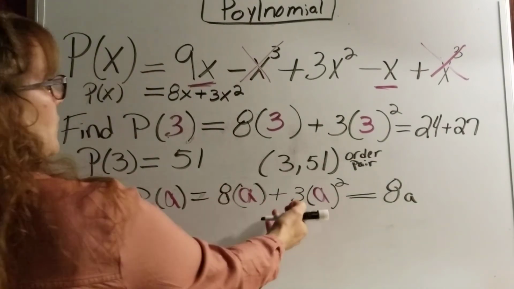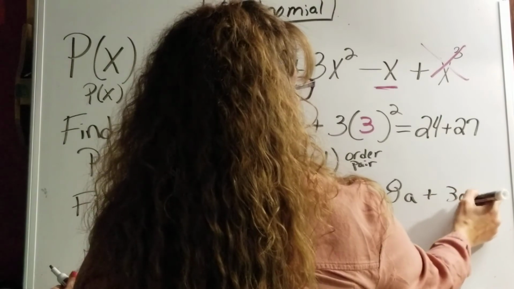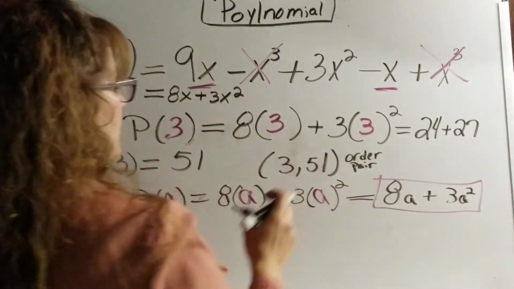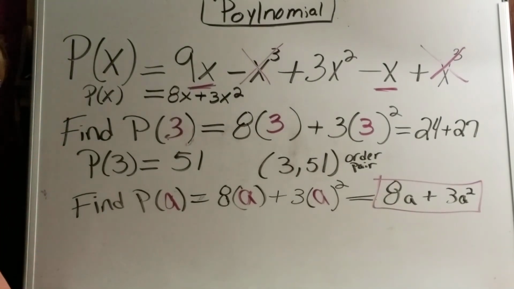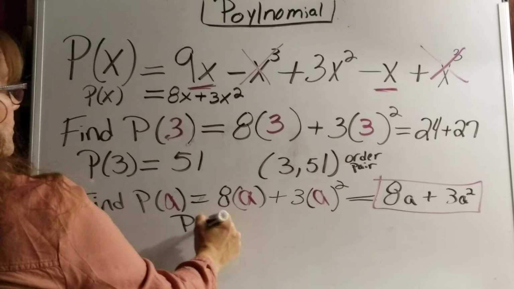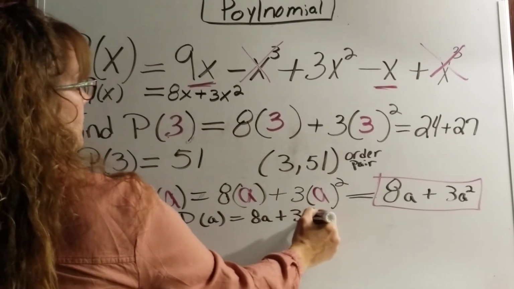And then we have 3 times a squared, which is just plus 3a squared. And that would be my answer for this one, because, like I said, we don't know the value of a. So my answer is p of a is equal to 8a plus 3a squared.